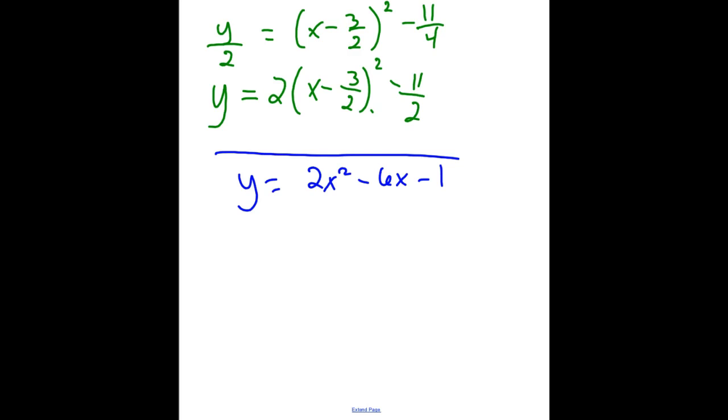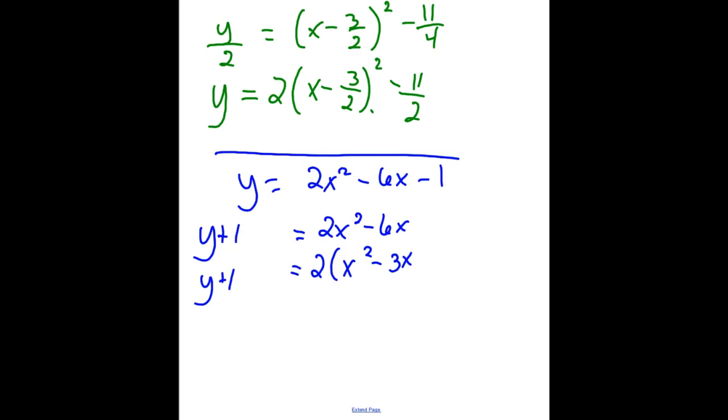So I'm going to add the 1 to the other side. I'm going to divide out the 2 because I have to do that in order to complete the square. But I'm going to leave it on that side. Okay? Instead of dividing it to the other side, I'm just going to factor it out. Is that equivalent? Okay. So it's going to sit there in front because that's where my A is going to end up in my final vertex form.